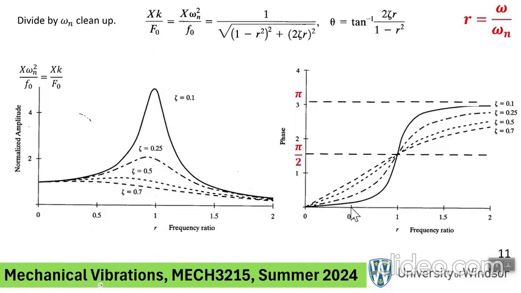Notice, for example, when there is no damping, it looks like this. No damping means no phase difference. It shoots at R equal to 1, goes through pi over 2 and shoots all the way to pi, and it goes like this.